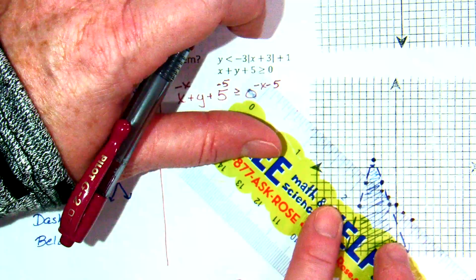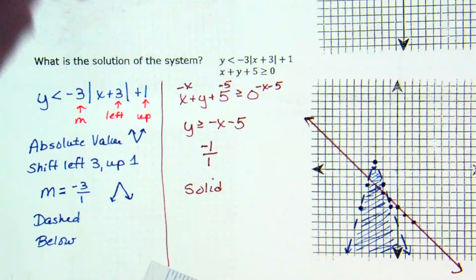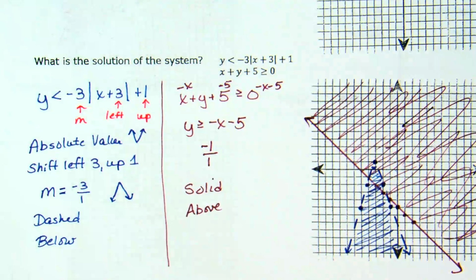This was greater than or equal to, so where's my shading? Above. Good. Important final question. Where is that shading? Okay. I'll take that description. The top of the Christmas tree.